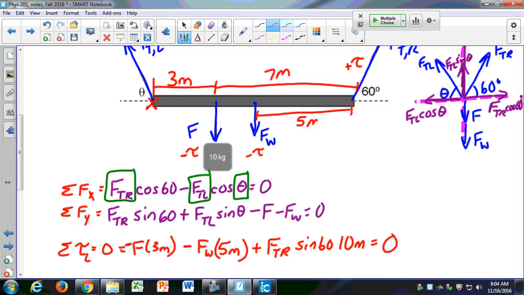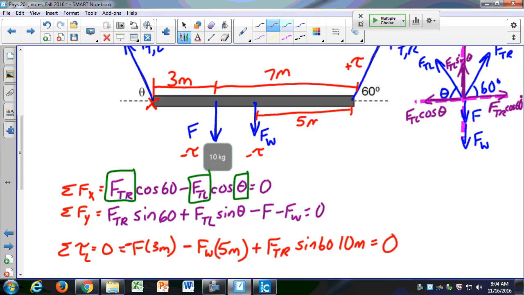So now I have 3 equations and 3 unknowns, and I can solve this. And it actually is not that hard to solve, because if you notice, how many unknowns do I have in this last equation? I only have one unknown. So I can easily solve this for FTR. Let's run through that right quick.